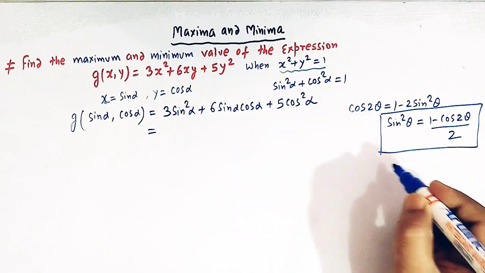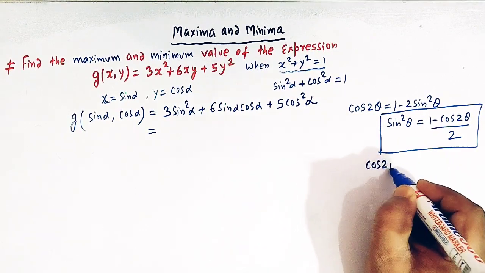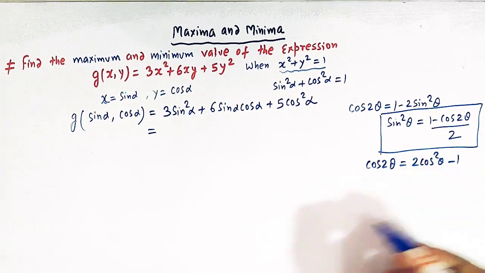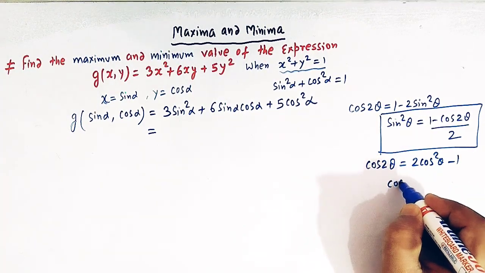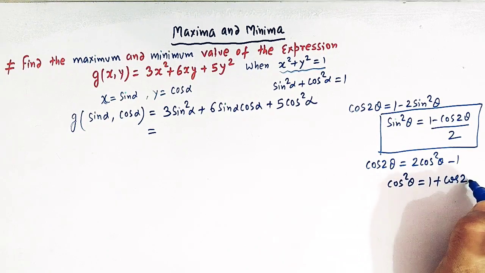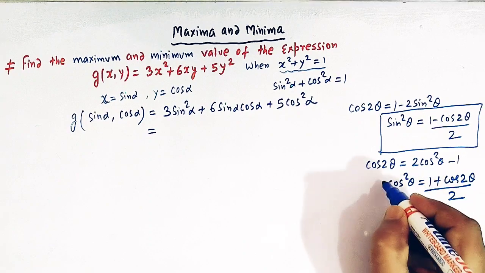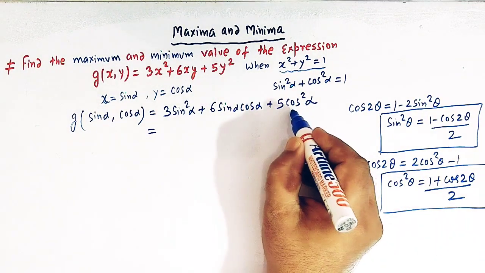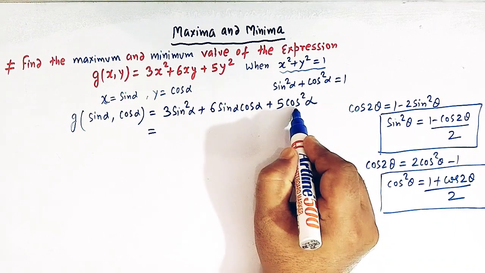And similarly, we know that cos of 2 theta is equal to 2 cos square theta minus 1. And from here, cos square theta can be written as 1 plus cos 2 theta divided by 2, right? So this is the second result which shall be used over here.